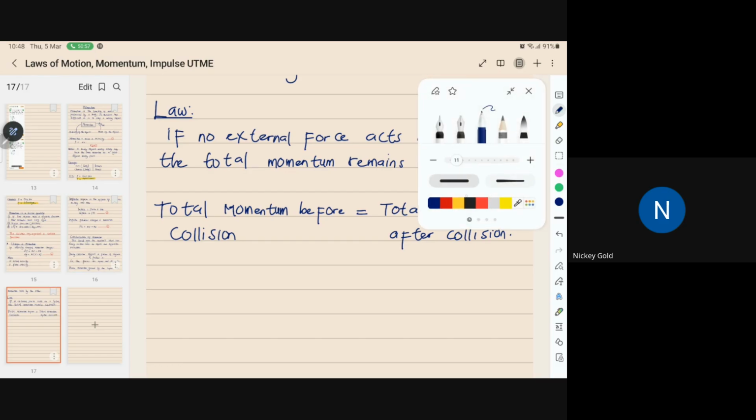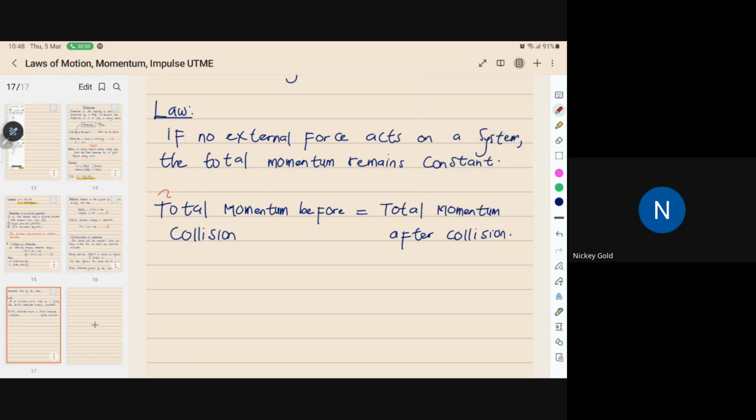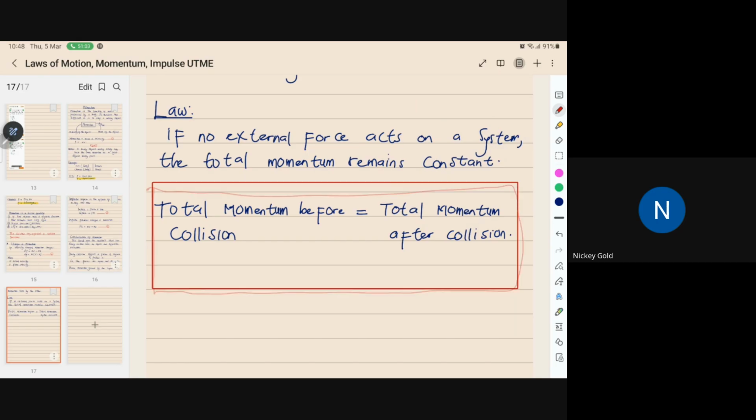So what do we call this? We call it the law of what? Conservation of mass. This is the law of conservation of mass. Sorry, law of conservation of momentum.